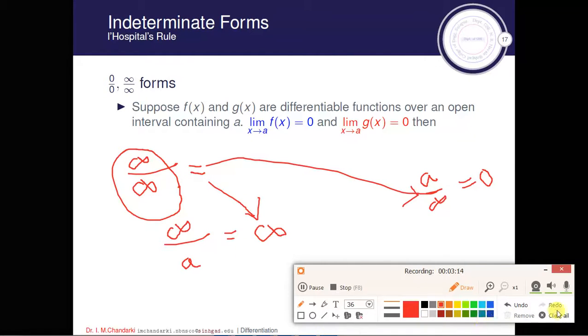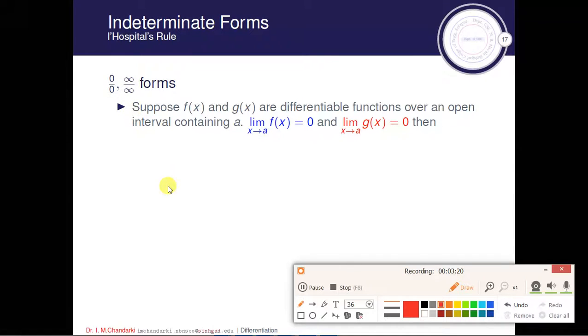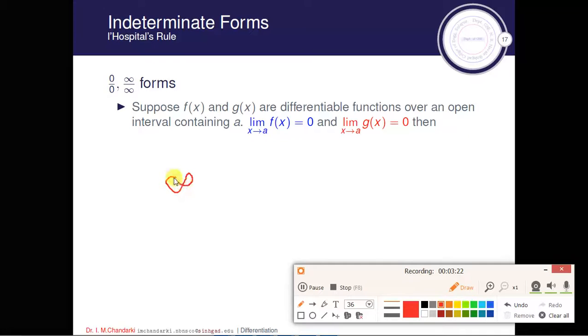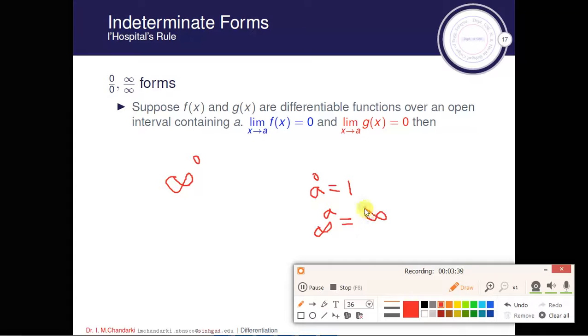So 0 by 0 is an indeterminate form, infinity by infinity is an indeterminate form. Then what is infinity raised to 0? This is also an indeterminate form. How? You know that a raised to 0 is equal to 1, and infinity raised to a is equal to infinity.